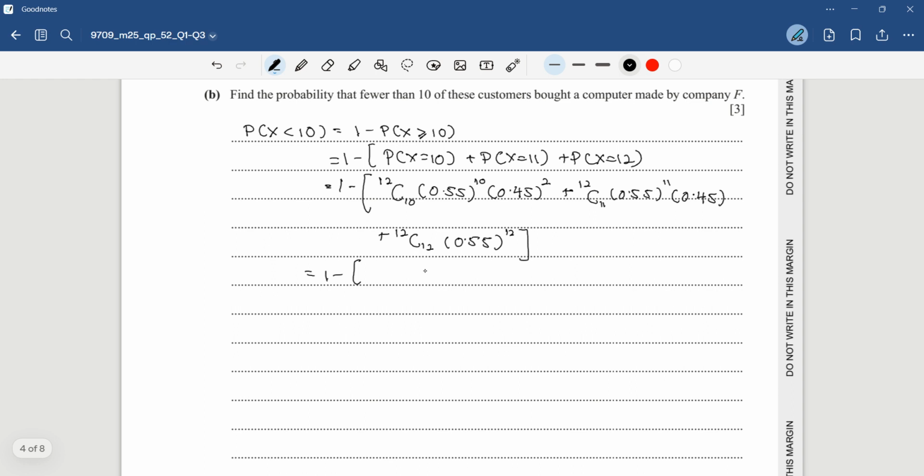So it's going to be 0.0338529 plus 0.0075229 plus 0.0007662, which gives your final answer of 0.958. I just give the final answer to three significant figures.